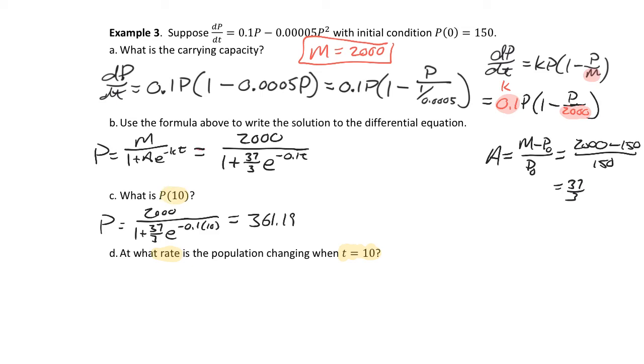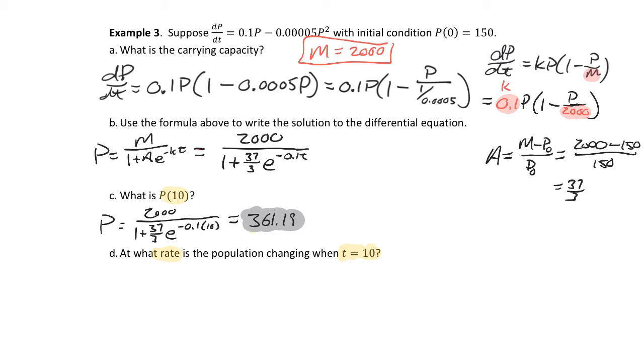We know what the population is at time 10, but we don't know at what rate that population is changing. So we have this lovely differential equation now. I know that P is equal to 361.19 when T is equal to 10.